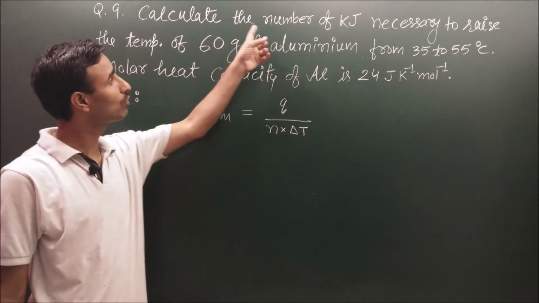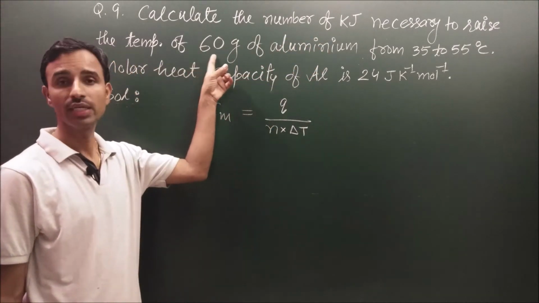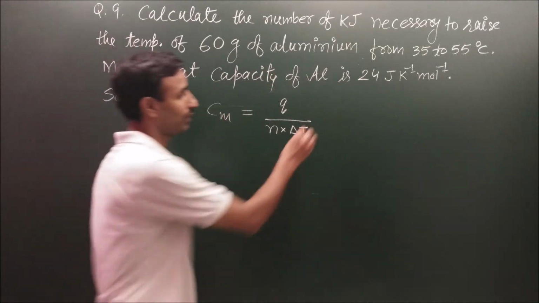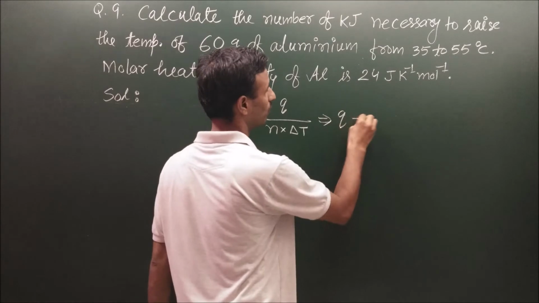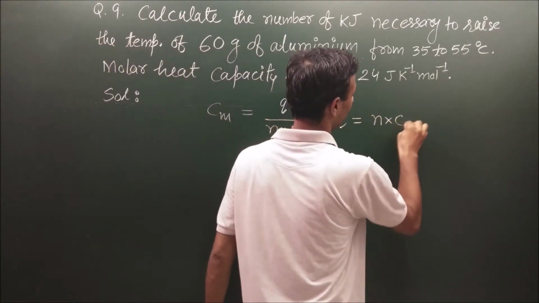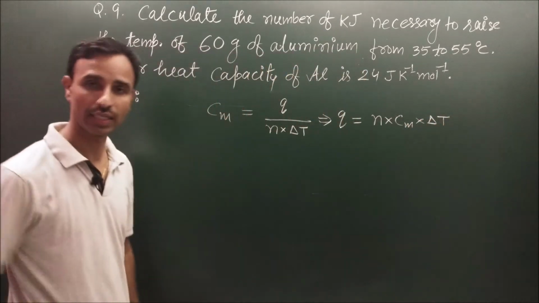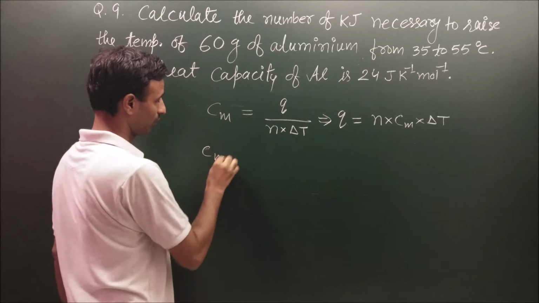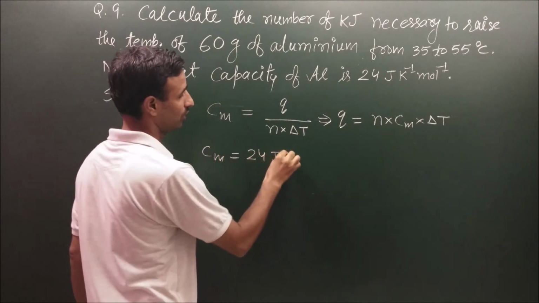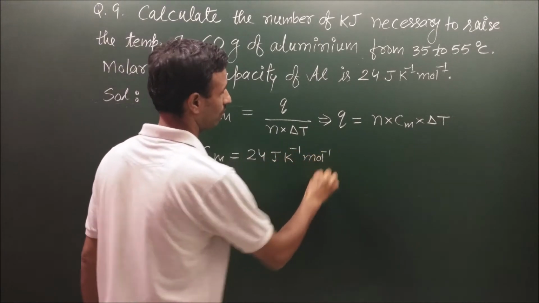Now we have to calculate number of kilojoule necessary to raise the temperature of 60 gram of aluminium from 35 to 55 degrees. It means we have to calculate Q. So Q is equal to N into Cm into delta T. As per the formula, molar heat capacity is 24 joule per Kelvin per mole.